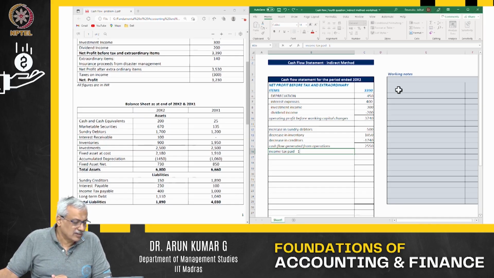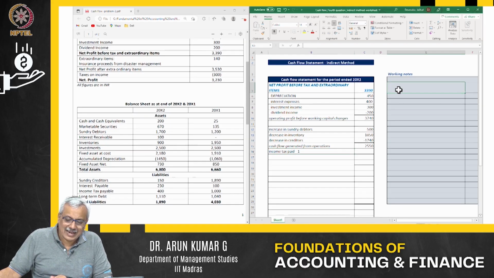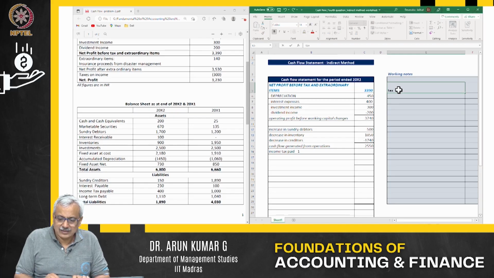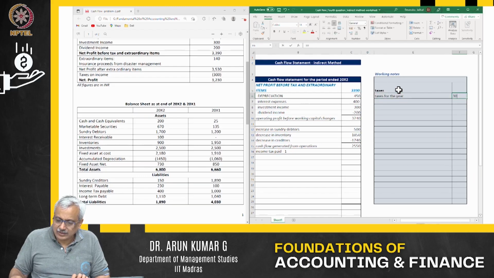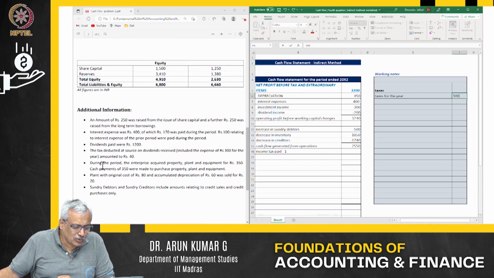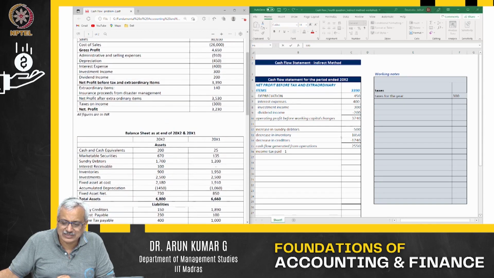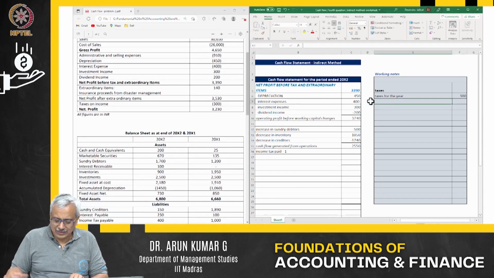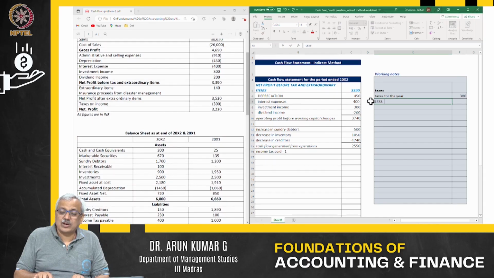In this case, what happens? Taxes for the year, $300. This $300 includes tax deducted at source of $40. To find out the cash outflow, first let me deduct the tax deducted at source.